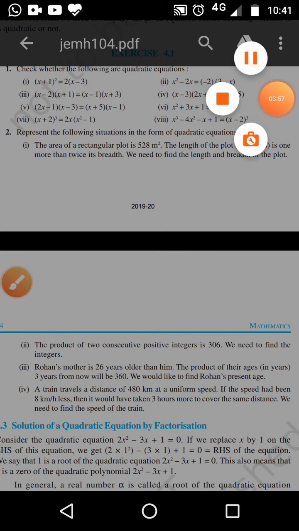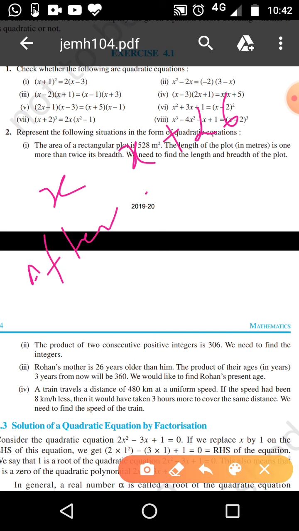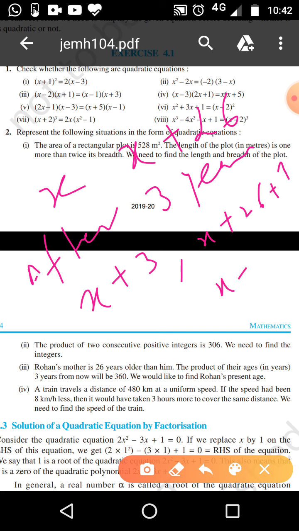For this question, let Rohan's present age be x and that of his mother be x plus 26. After 3 years, Rohan's age is x plus 3 and his mother's age is x plus 26 plus 3, which is x plus 29. Now according to the question, the product of their ages after 3 years is 360.